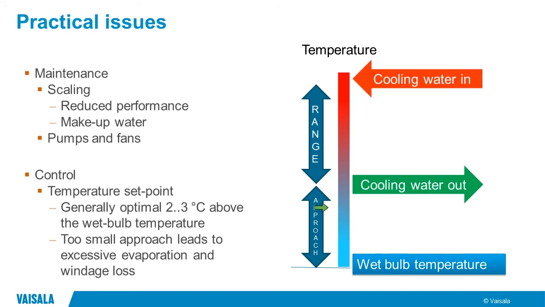So usually these are set to run 2 to 3 degrees above the wet bulb temperature. Trying to get lower means you are consuming a lot of water for the evaporation, and your fans are running, and you're using quite a lot of energy on that. So the practical set point is usually a couple of degrees above the wet bulb temperature, if you have the right dimensioning on your cooling towers, obviously.